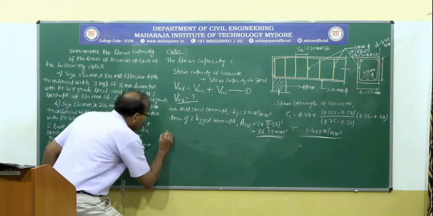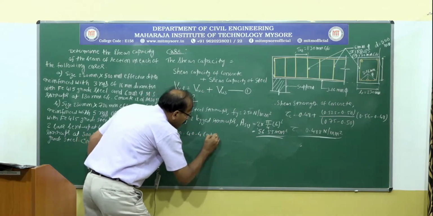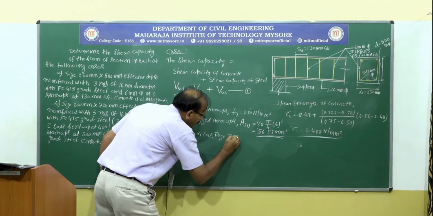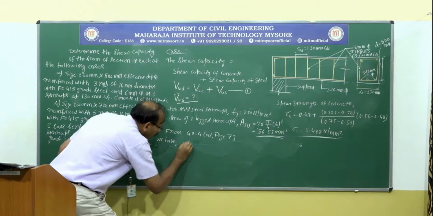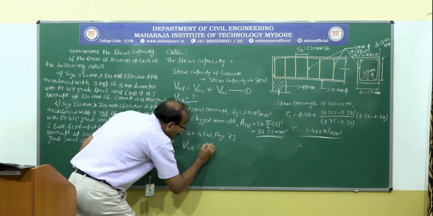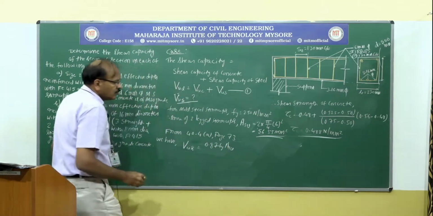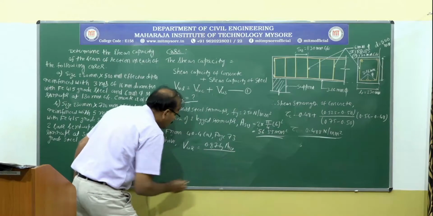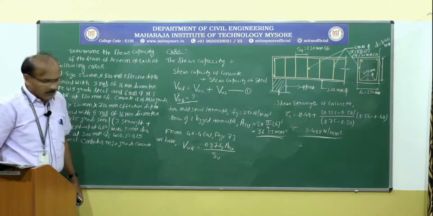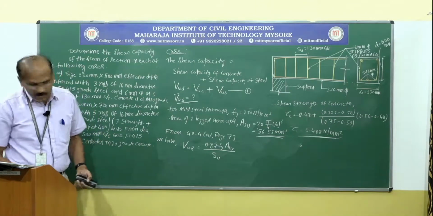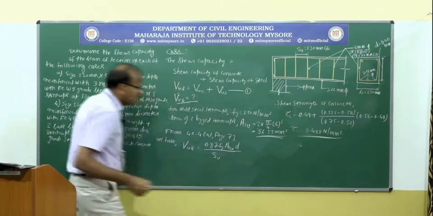So, from 40.4a, page 73, we have VUS equal to 0.87 Fy ASV D divided by SV. So, that is the formula we have.